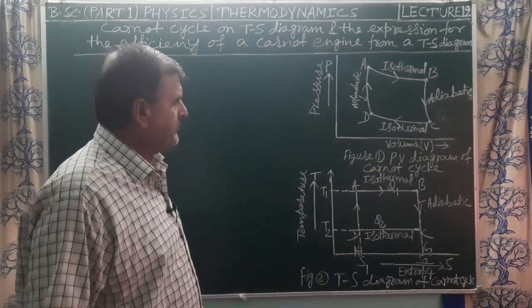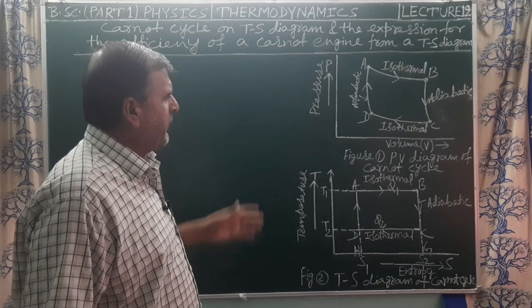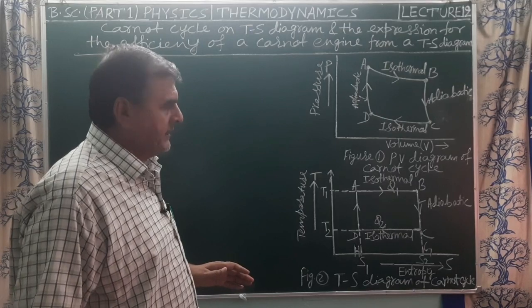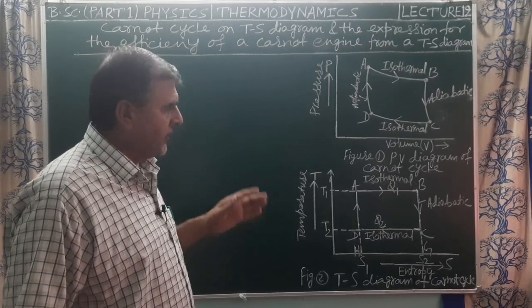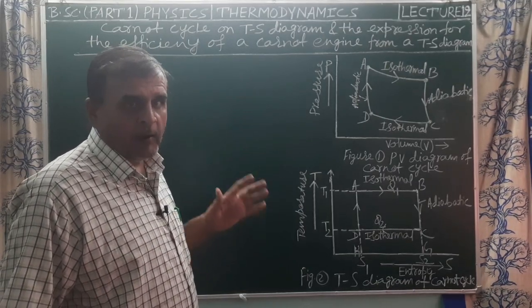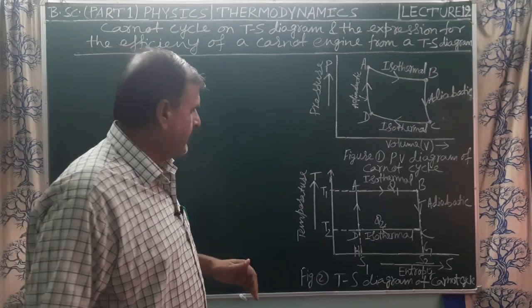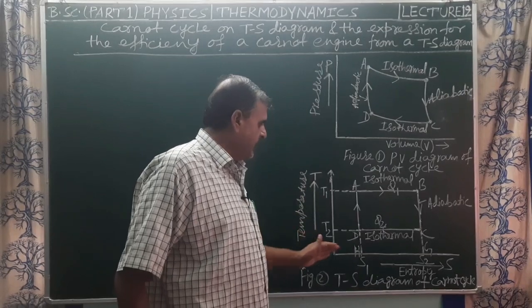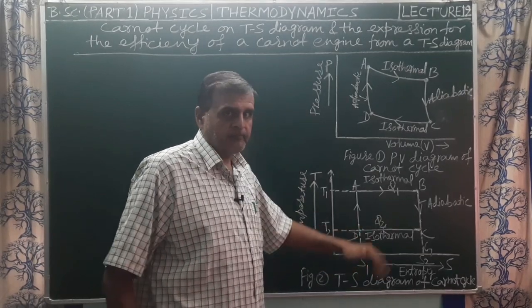Hence, the PV diagram of Carnot cycle forms a rectangle on TS diagram, that is temperature entropy diagram.